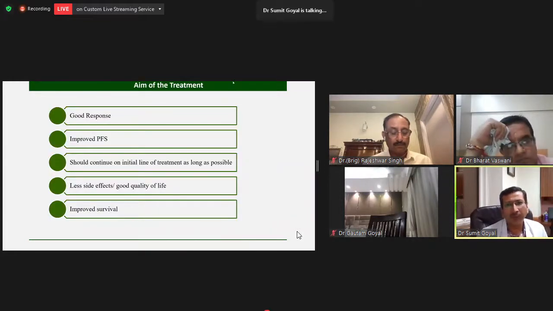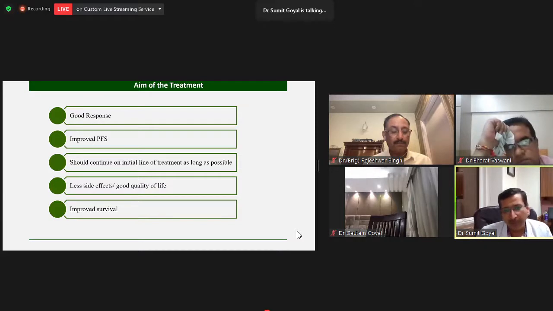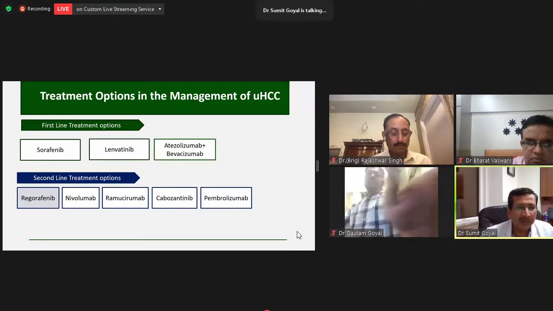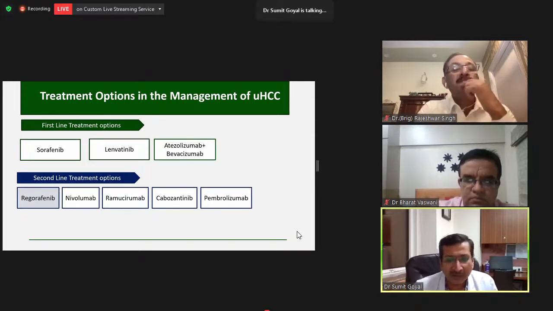When we talk about TKIs in liver cancer treatment, what do we expect? Obviously, these are the factors we want, but the ideal situation is not there. Maybe we will get molecules which are easy to use, patient friendly, and within reach. In the management of unresectable hepatocellular cancer, we have about 7 or 8 options, out of which 4 are TKIs approved as of today.